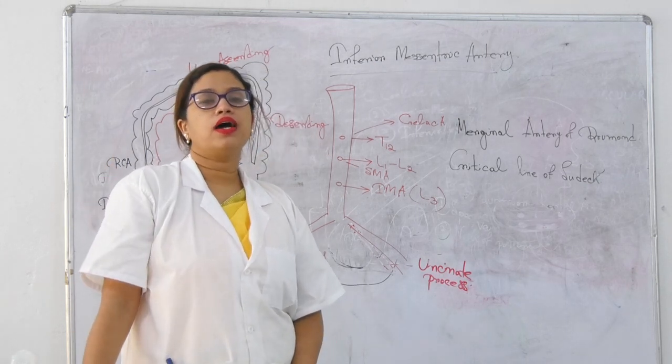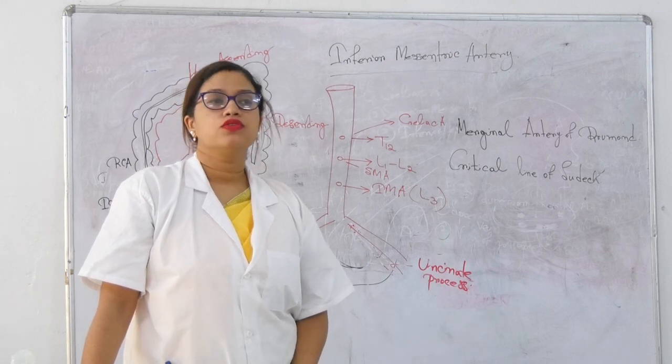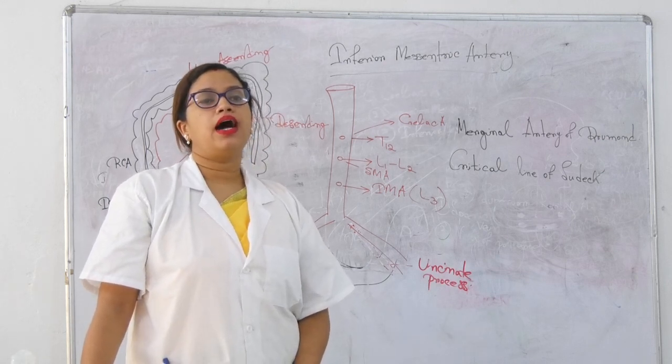Okay, so this is known as marginal artery of Drummond.